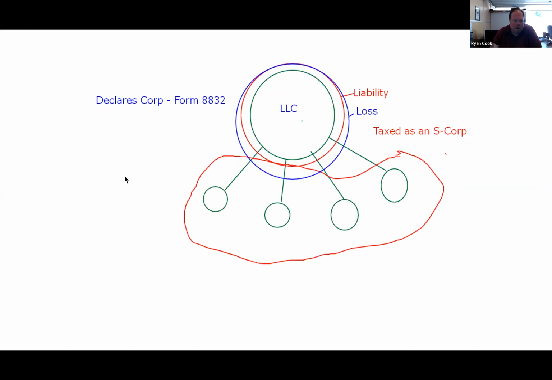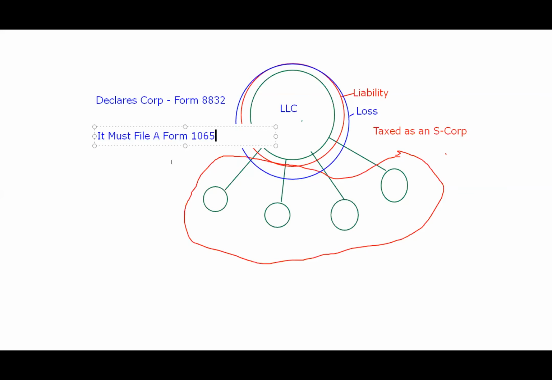And now this is really cool. As a partnership, what does it have to do? What does it have to do as a partnership? Because it is a partnership for tax purposes. Form 1040.